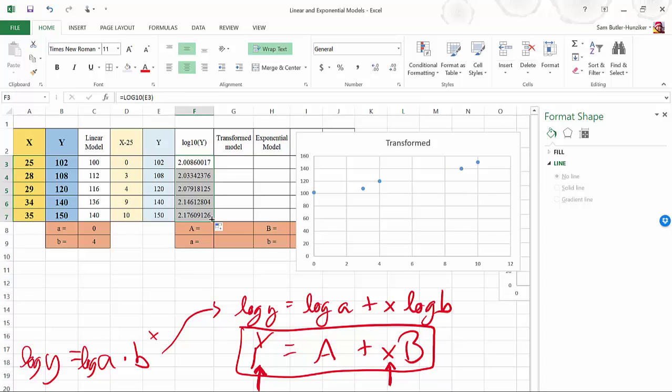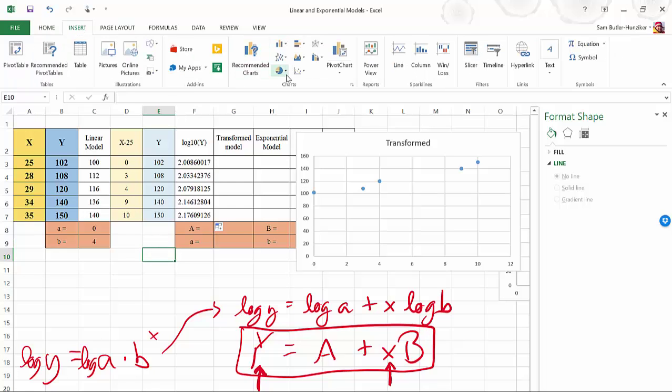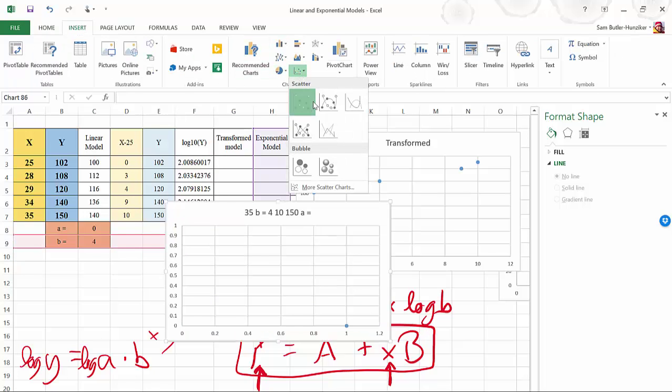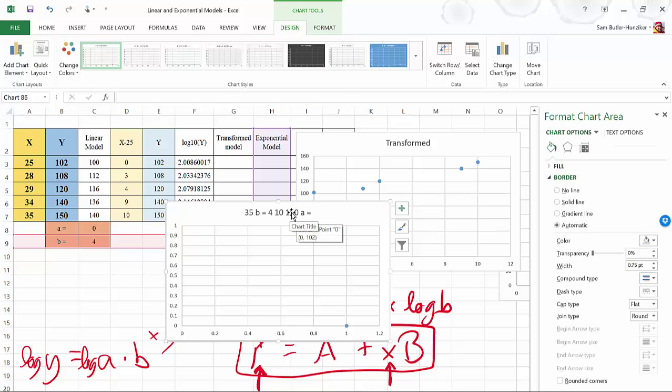So what we want to do is find a linear model, or y equals a plus x times b, for our shifted x values and our log of the y values. So we're going to come up with another scatter plot.